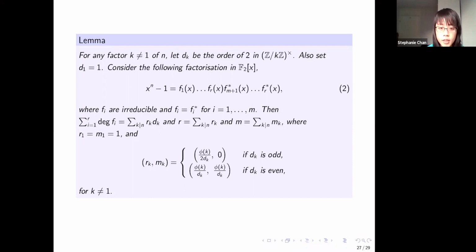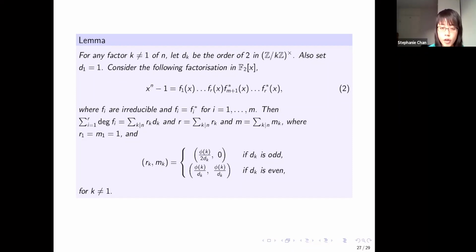For any n, we have this factorization in the polynomial ring F2[x], and we can get a general formula for the number of factors in this factorization.